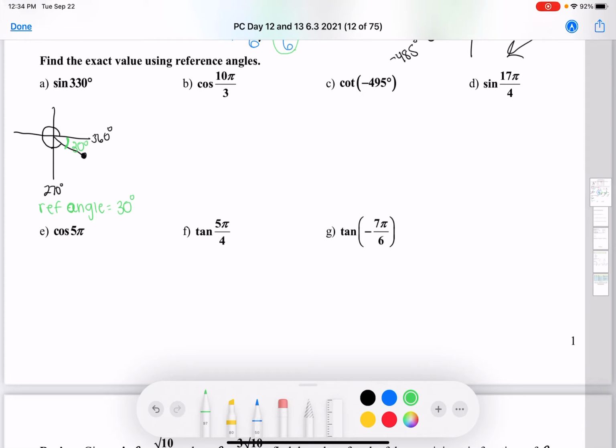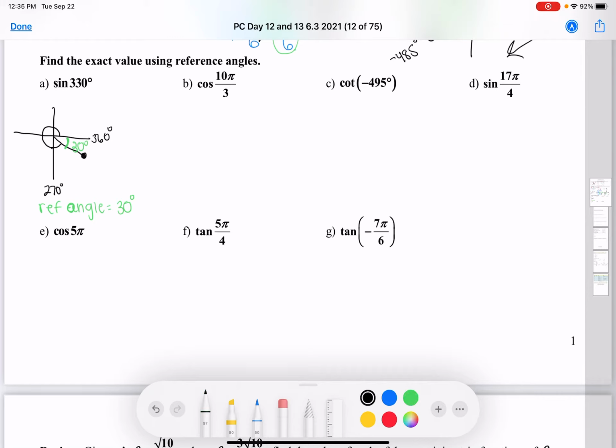So then this is where we can just go on our unit circle. So I showed you guys that table, how to memorize the first quadrant. So for 30 degrees, I'm just going to do a little side note here. Don't actually write this on your notes in this space because I don't want you to run out of space, but I'm just going to do it for the purposes of the example.